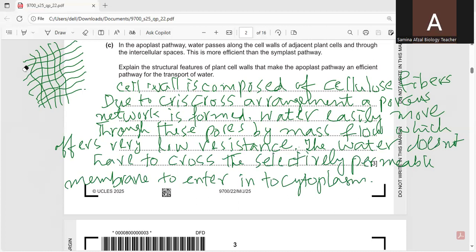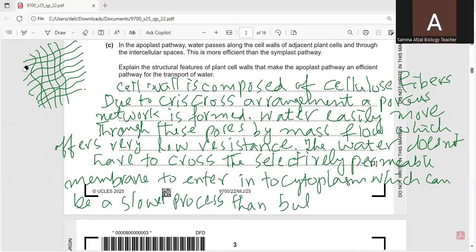So due to this, the symplast pathway can be a slower process than bulk movement through the porous cell wall.